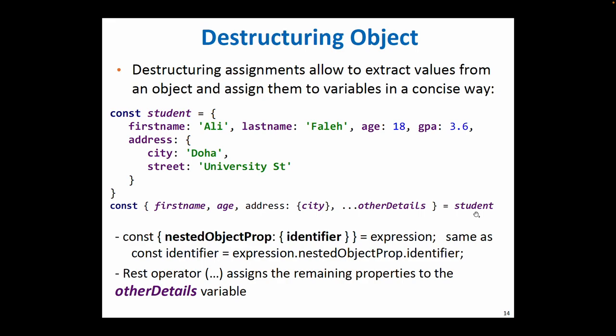What will happen is it will go and extract whatever I need and put those in those variables. But the thing that you have to pay attention to is that this first name should match this first name, and age should match this age. If you put an underscore or change the name, then you will not be able to extract it. So those names should match.